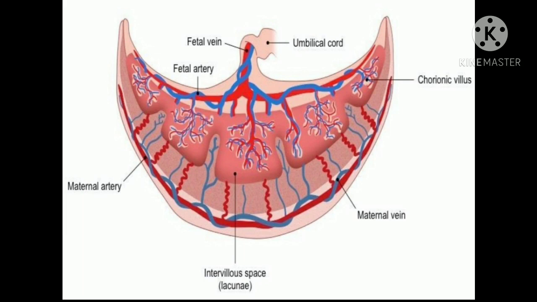Coming to the right side of the slide, you can see the maternal vein, the blue colored portion on the downward side. This is the vein of the mother. Whereas at the uppermost part is the chorionic villus. This is the structure of the placenta. I hope you got it.